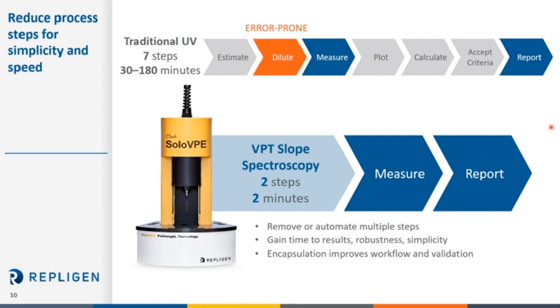So we're removing or automating all of these multiple steps to gain time, introduce robustness and simplicity to this OD measurement, GMP compliance, electronic data signatures, electronic data storage to simplify a process that can be used in GMP environments without any sample or user manipulation of sample volume or data at the end of the process.